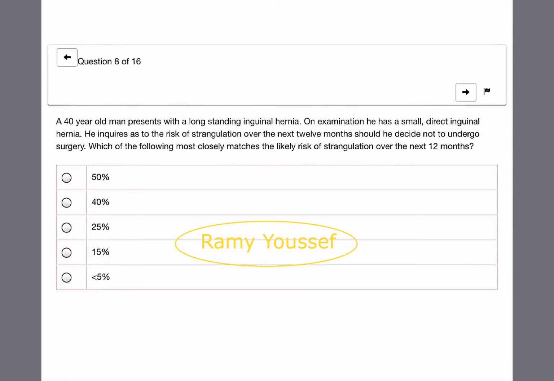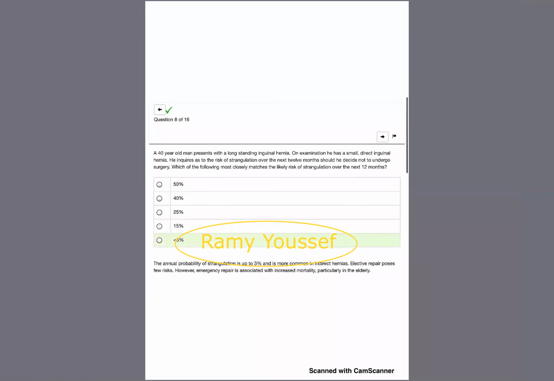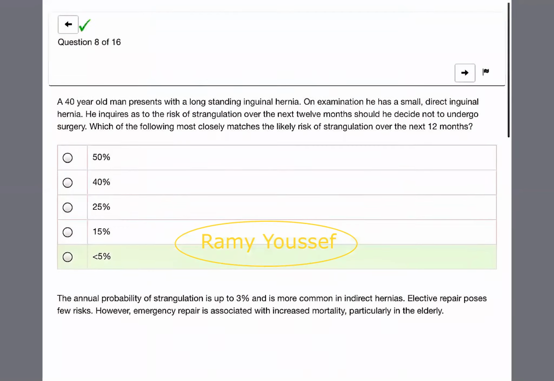Direct inguinal hernia has 3%, less risk for strangulation, less than 5%. Exactly. I don't know the exact answer to this question, but it has a wide neck. It is very, very rare.